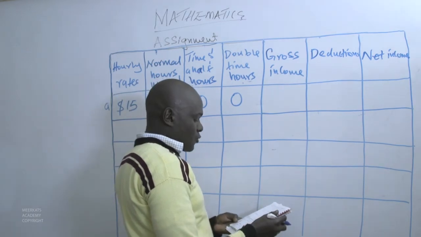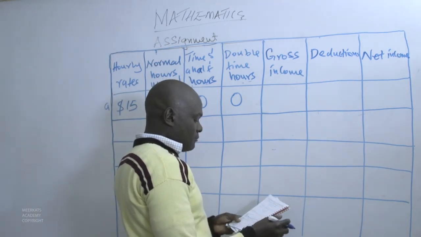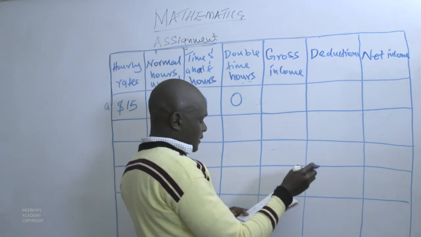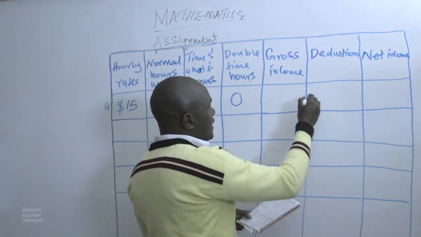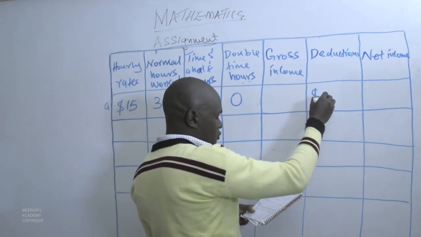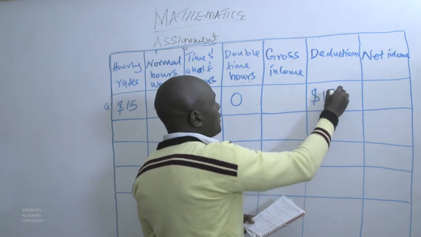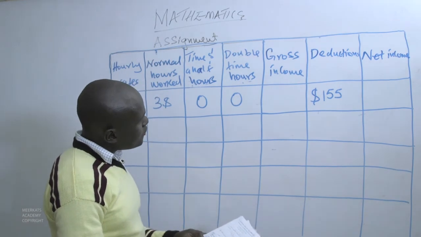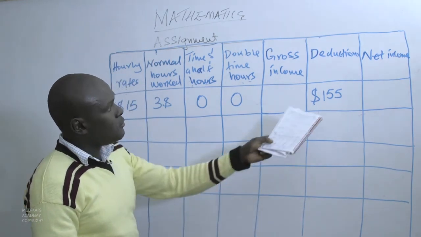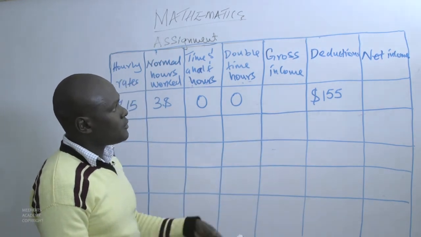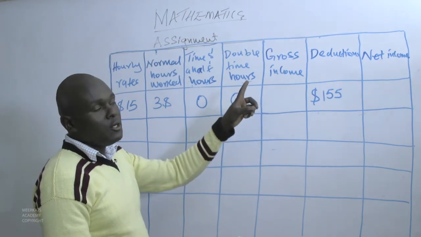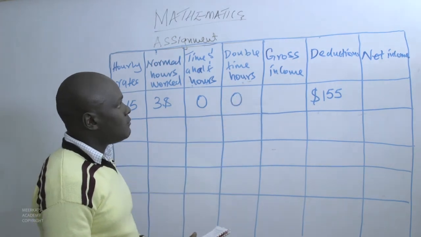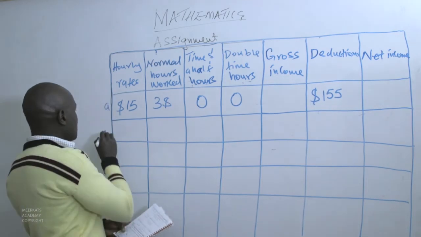We are supposed to calculate gross income, given that our deductions amounts to $155. And having calculated the gross income, we will also be able to calculate the net income, because it is basically the difference between the gross income and the deductions.